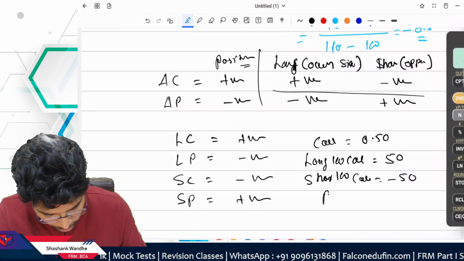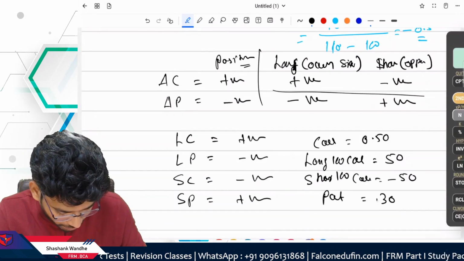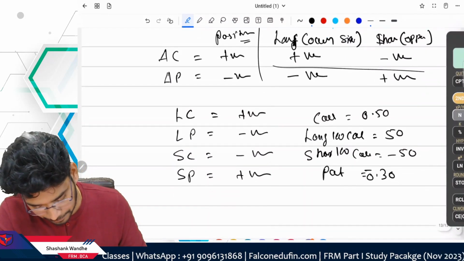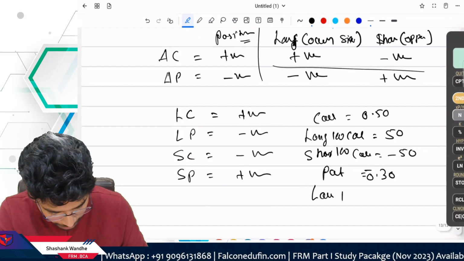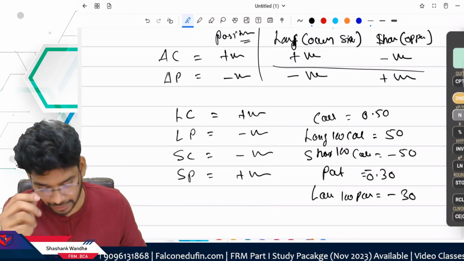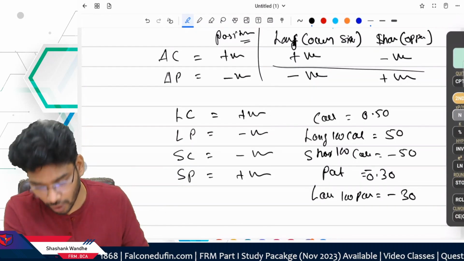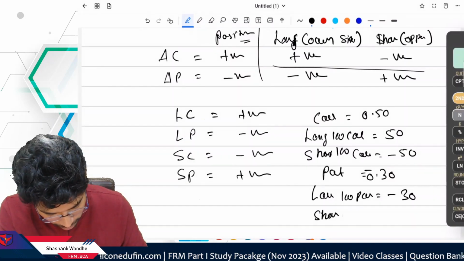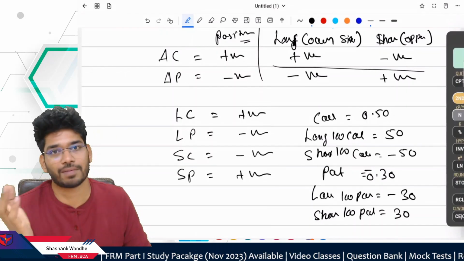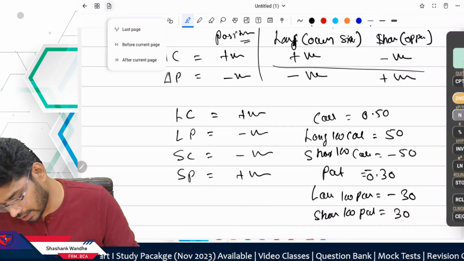If you have a put which has a delta of -0.30, then long 100 put position delta is -30, with sign. You will own the sign in case of long. Short 100 put position delta is 30. Simple.